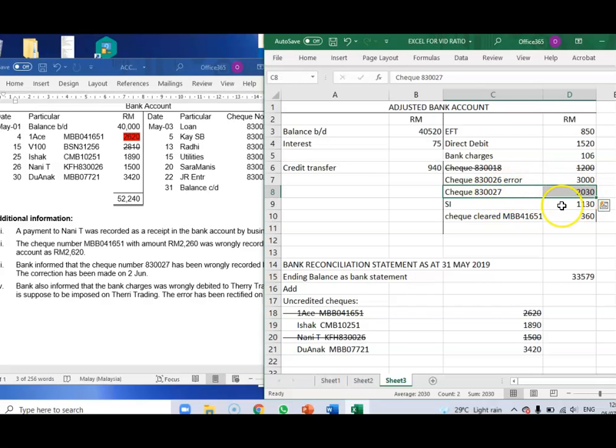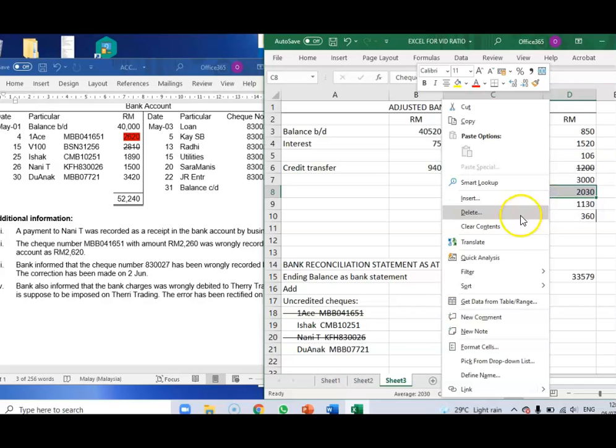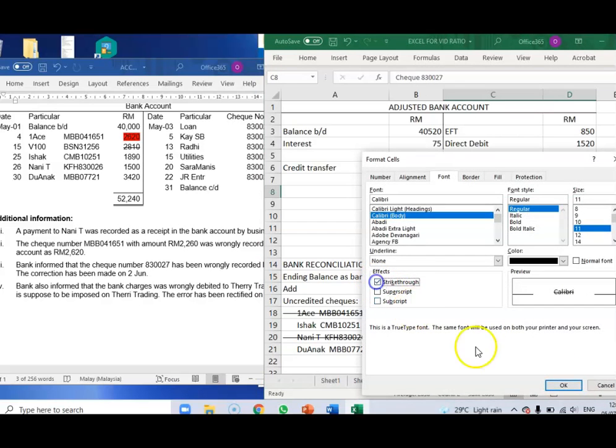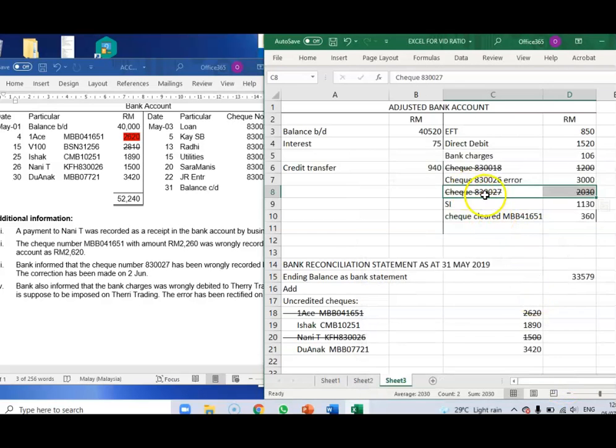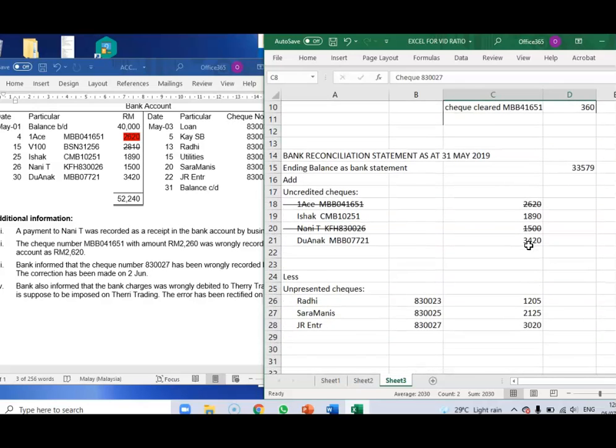This is not an error in the bank account. So you need to take it out, slash it out, or you can delete it. It's up to you. I cross it out. So this is not an error in the bank account, so it is taken out, and you need to adjust here.